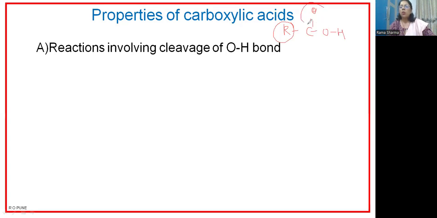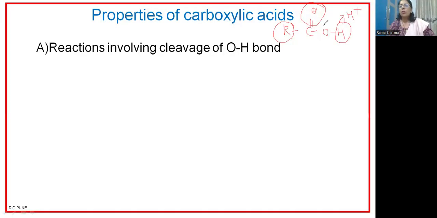The carbon of the functional group is counted while naming, as we know in nomenclature. If we look at the structure, we have the carbonyl bond, that is C double bond O, and we have the OH. Some properties show the acidic nature of the carboxylic acid, which is the removal of H plus.